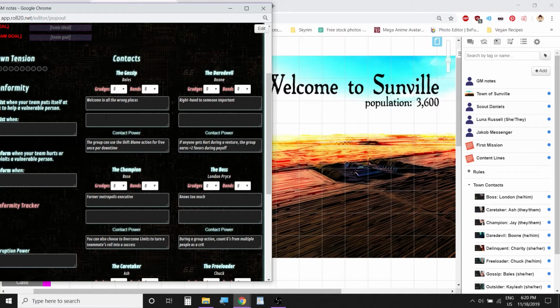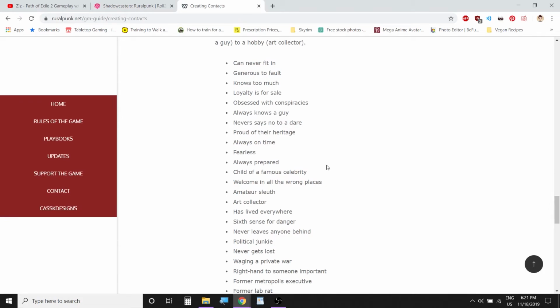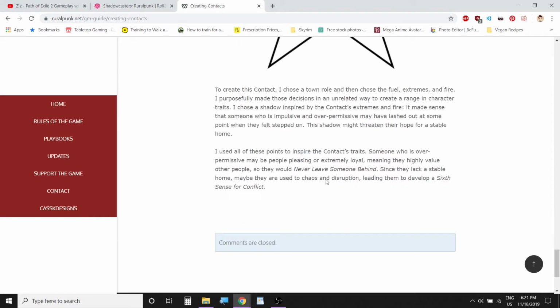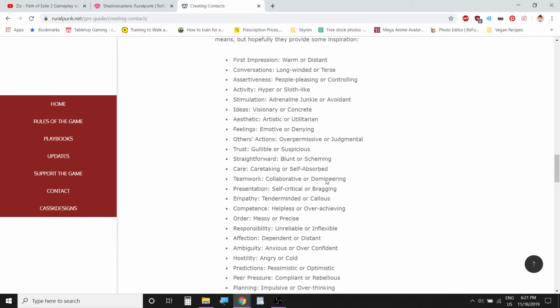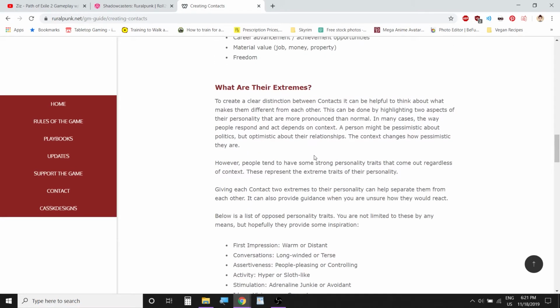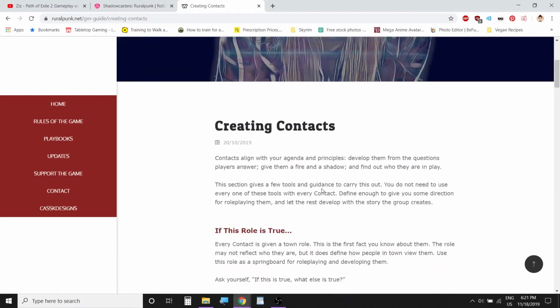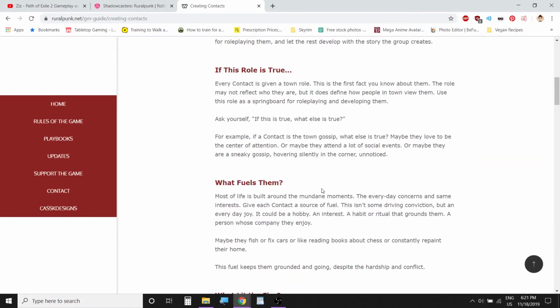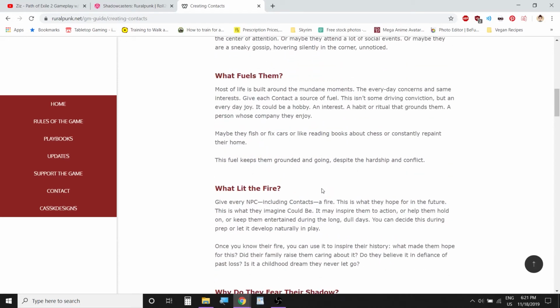And so the second trait is something that is usually a little more personal. So what I'm going to do is take a look at, that's the full thing. I'm going to scroll up to the extremes. So all this stuff at the beginning of creating contacts is just ways to think about how to build the personality of the different contacts, things they might care about, things that can make them interesting to roleplay.